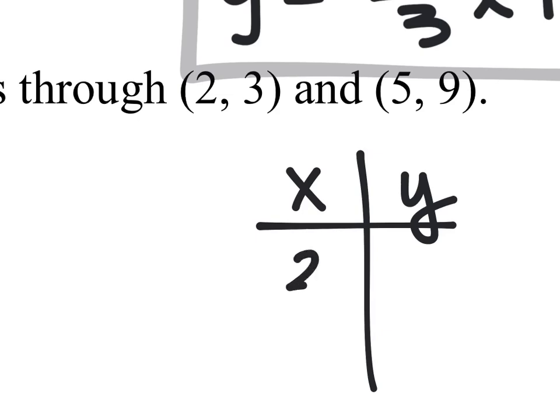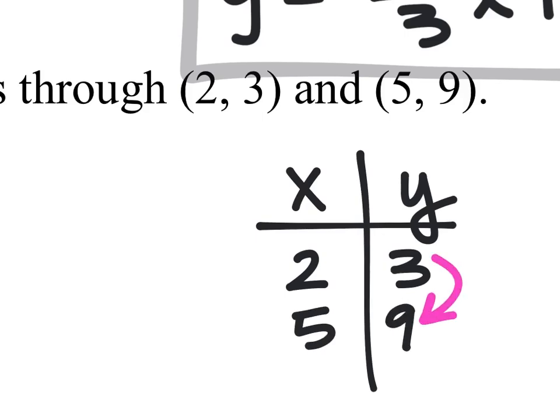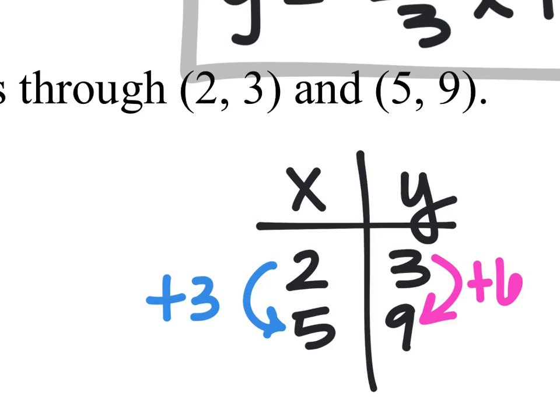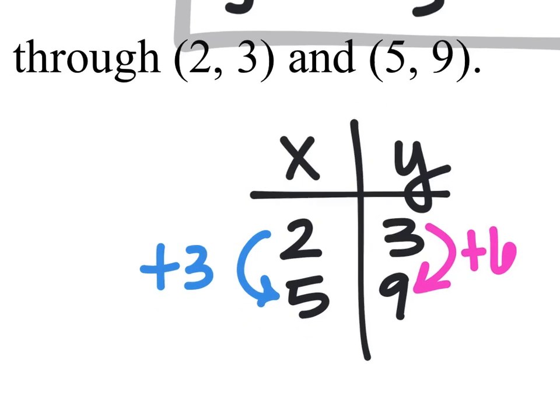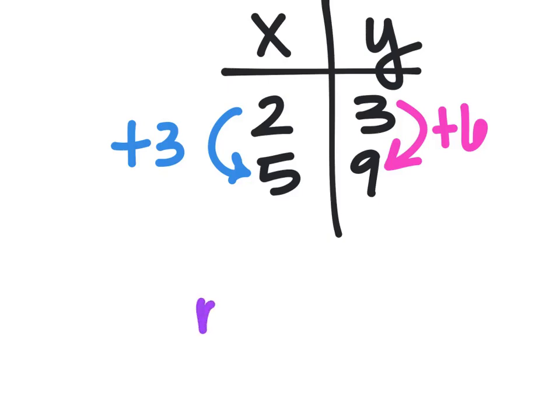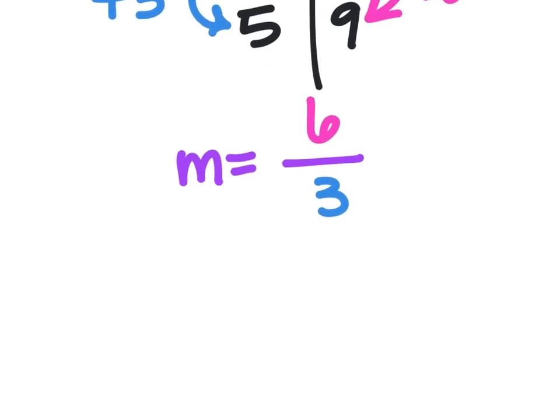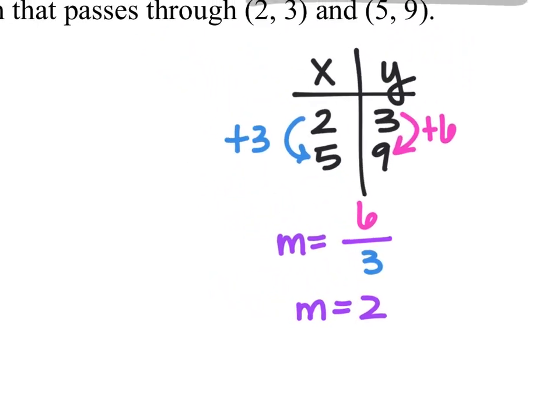So I've got my points 2, 3, and 5, 9, and the change in y is positive 6, and the change in x is positive 3, and our slope is the ratio of the change in y to the change in x, and we simplify 6 over 3 to 2. So our slope is 2.